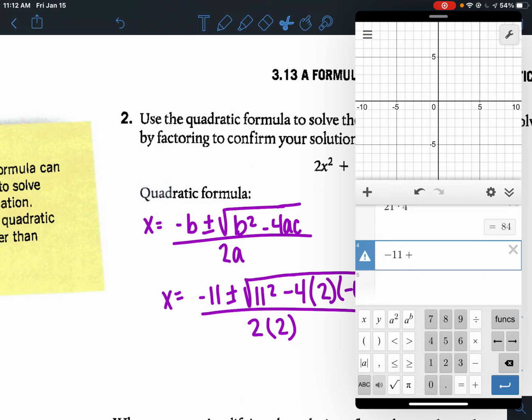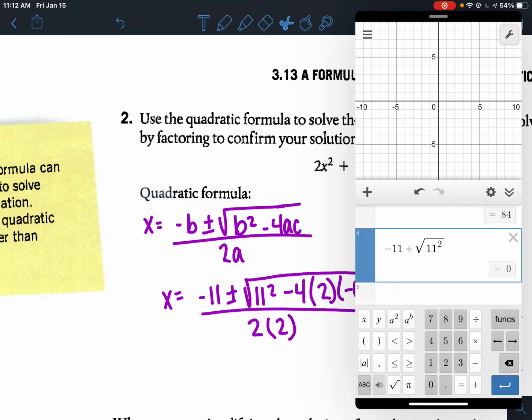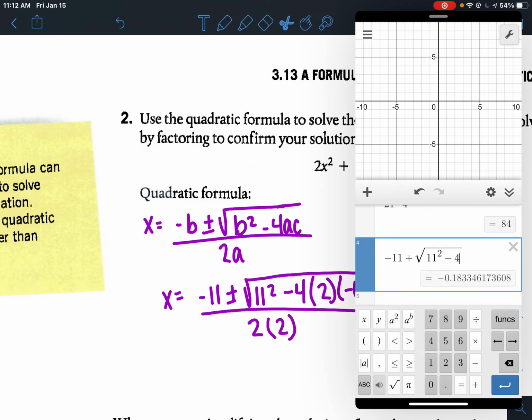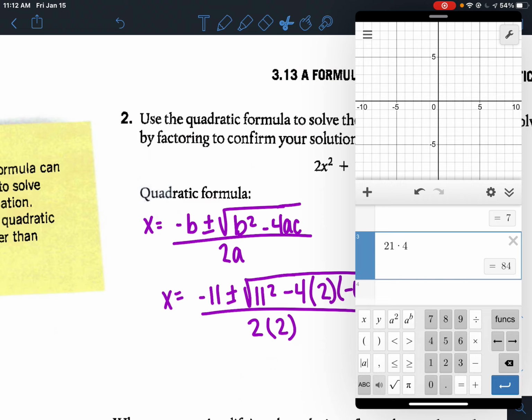So plus square root of 11 squared minus 4 times 2 times negative 6, and then I just deleted it all.